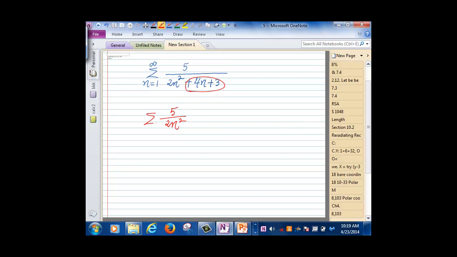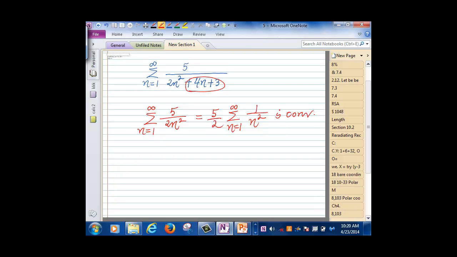So you have the sum n going from 1 to infinity of that, and that is equal to 5/2 times the sum n going from 1 to infinity of 1 over n squared, right? What type of series is that? A p-series with p bigger than 1. So it is a convergent series.